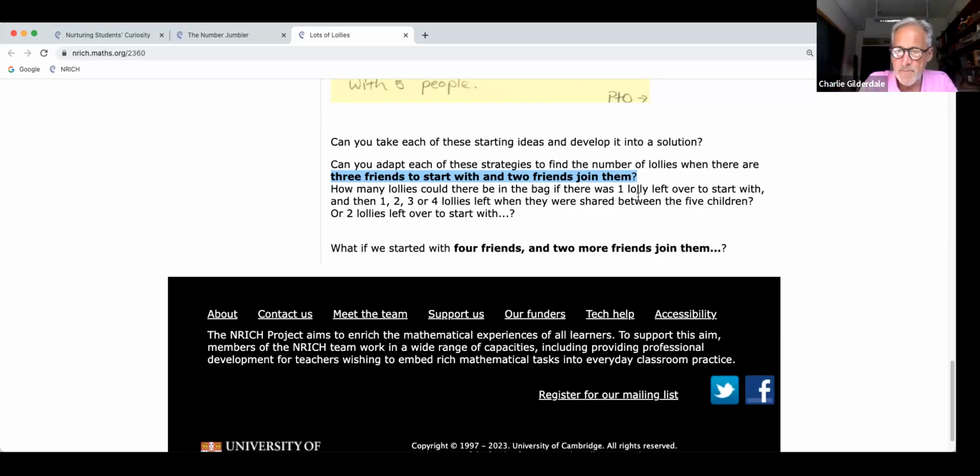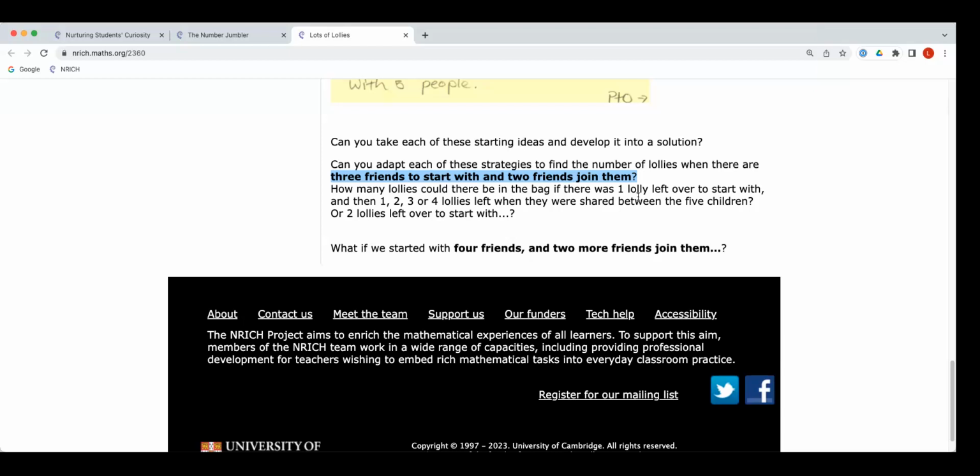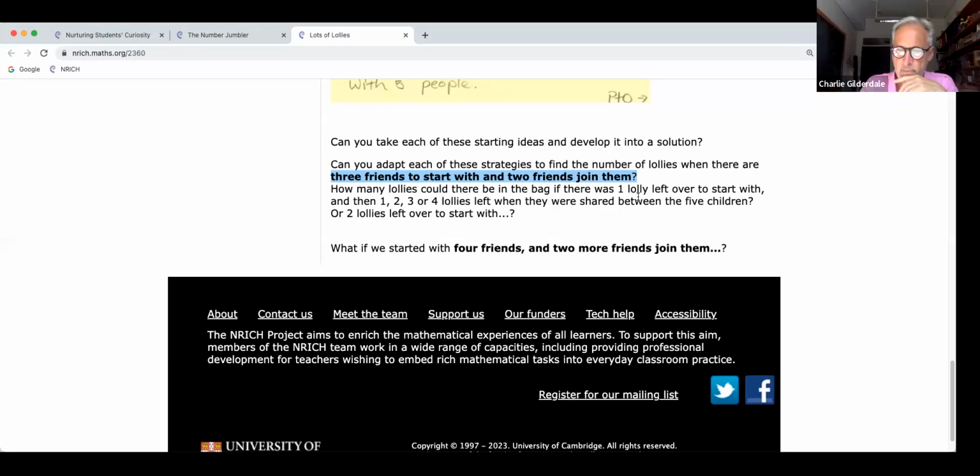So in the chat, I'm going to suggest how people might write the answer. For the problem that we've looked at just now, one way of writing it could be that I had 1 left over to start with and 2 left over later on, and my answers were 7, 17, 27, and so on.